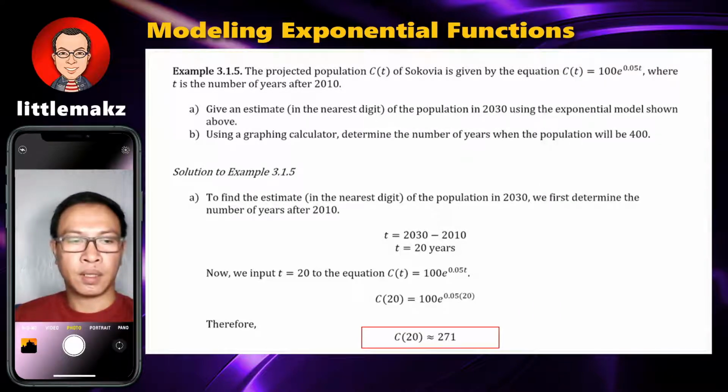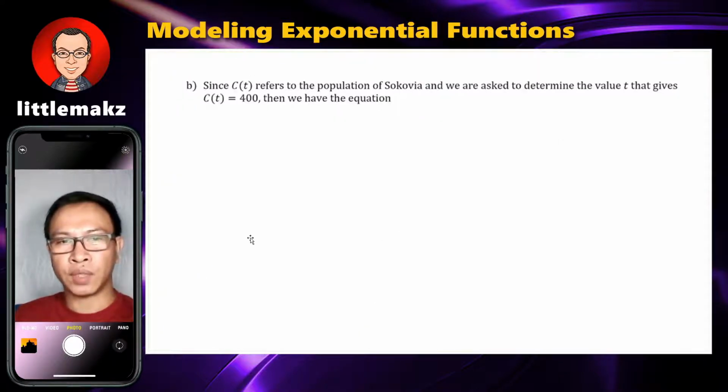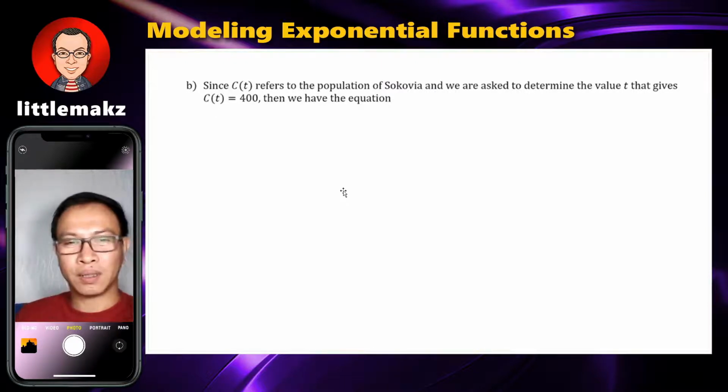We're asked to determine the value of t, the years when the population would reach 400. How do we do that? As we look for that value of t, you would be surprised to know that it's a very small value.